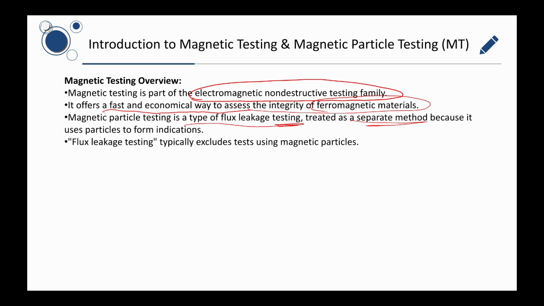Just to clarify, when we talk about flux leakage testing, generally it excludes tests using magnetic particles. So while the principle of flux leakage is at its heart, the use of particles gives MPT its unique identity.